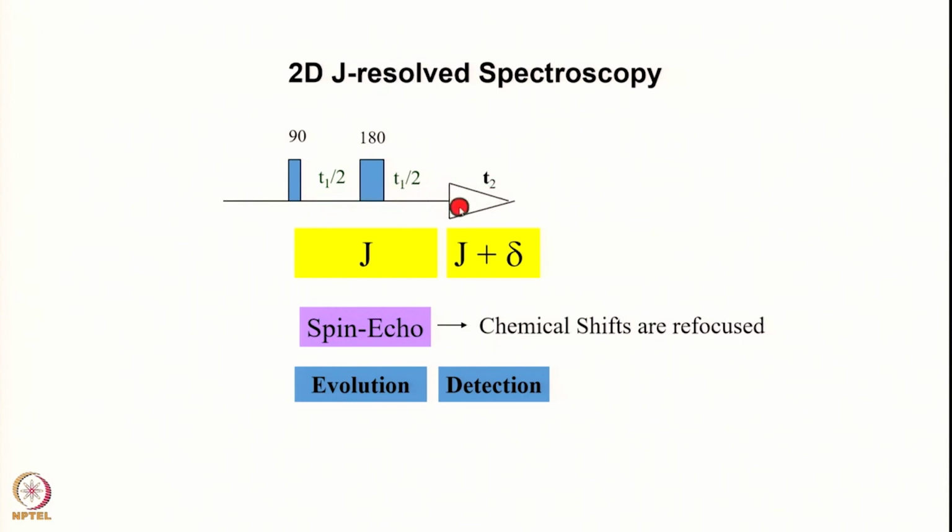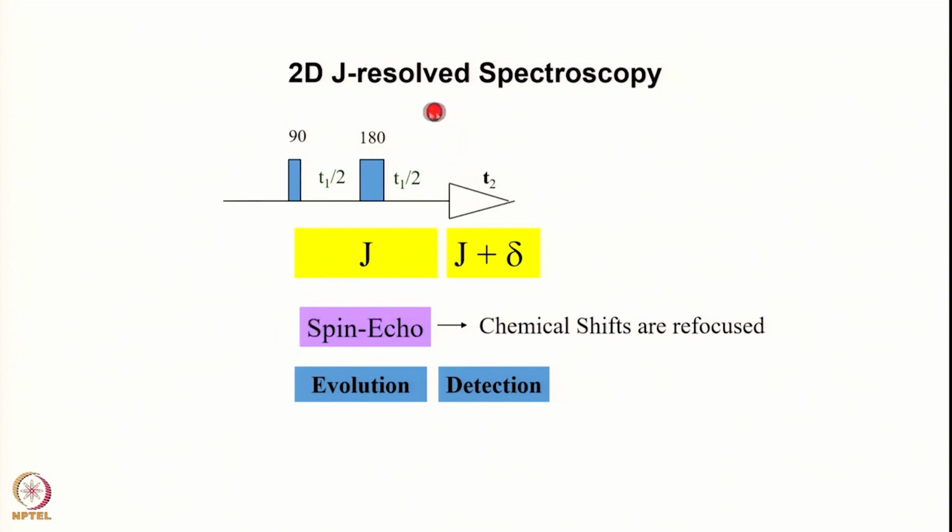Now, from here to here it is the same as the spin echo. This point is the spin echo. So, this sequence 90, tau, 180, tau, is the spin echo. So, what happens during the spin echo? That is indicated here.